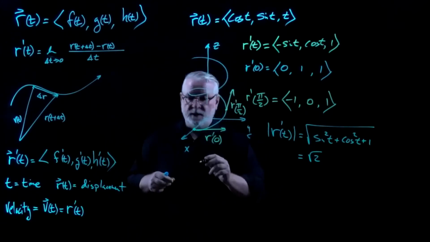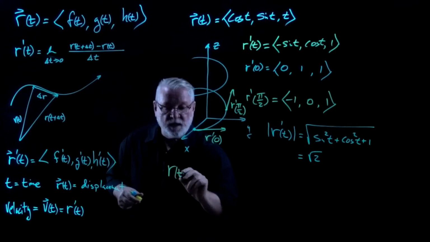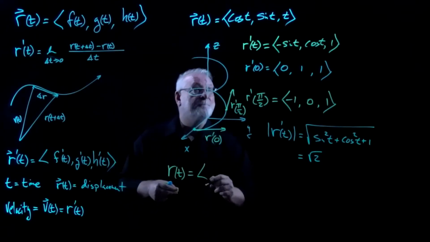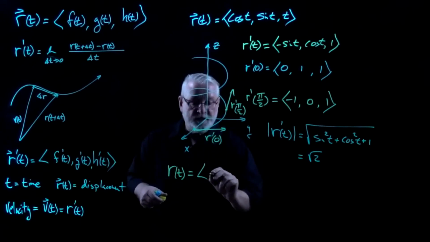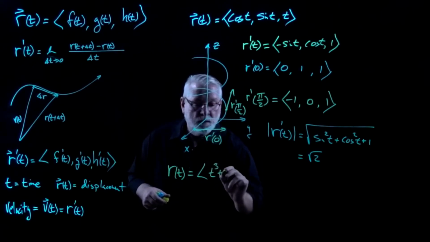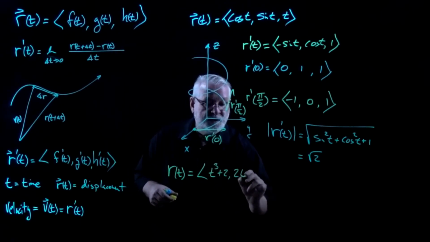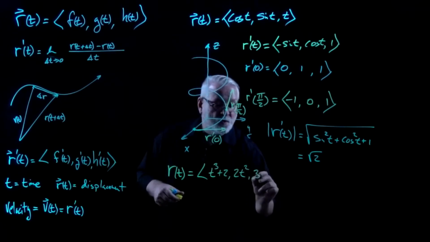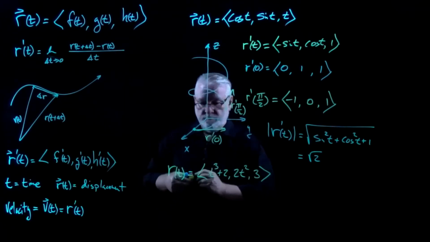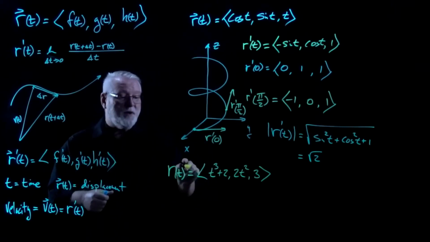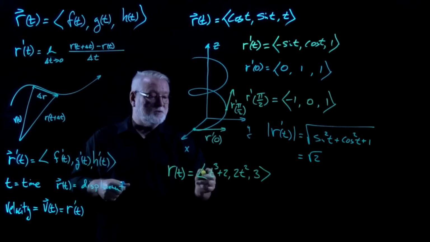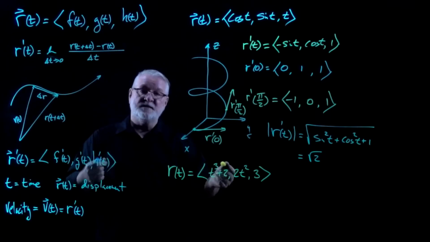This function will be a little bit easier. We'll look at r of t equals t cubed plus 2, 2t squared, and 3. Once again, if we think of this as a trajectory, this would be the location of the particle as a function of t.